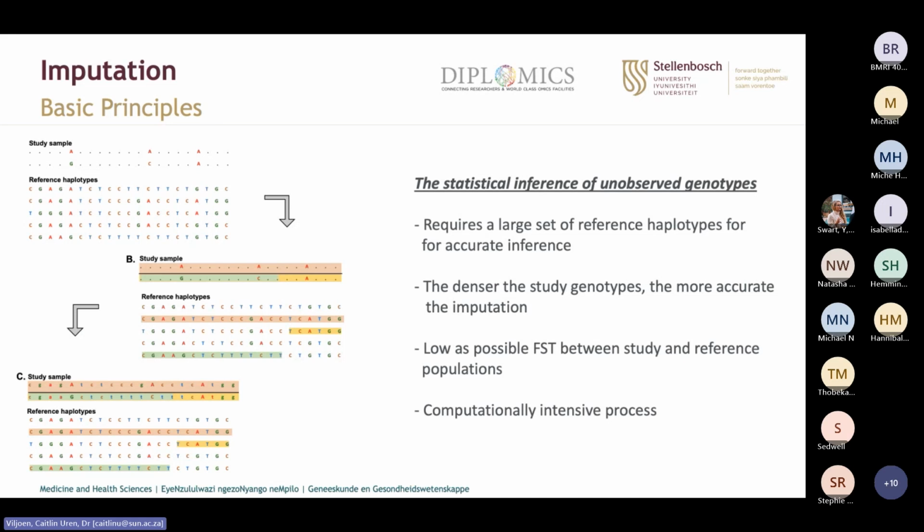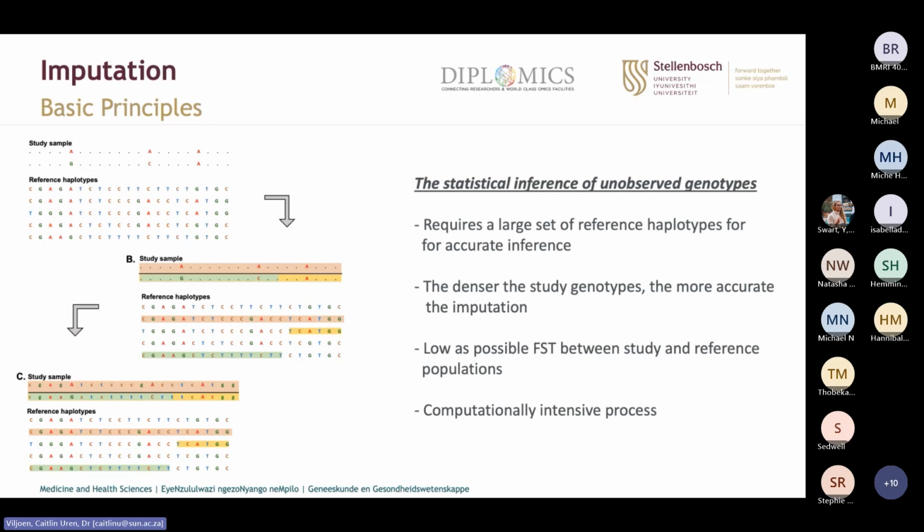You also want to make sure that you have the lowest possible FST. Remember, we talked about FST at the beginning of the day. That is a measure of population differentiation, and you want the lowest possible FST between your study and reference populations. A common problem that occurs is you want to impute data based on African populations, and you use European reference haplotypes to do that. That's not going to work. It really is not.